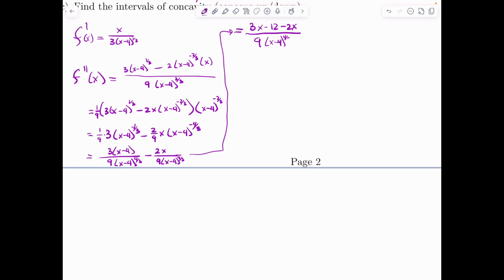So that's the second derivative. So f double prime of x is undefined at x equals 4, and f double prime of x equals 0 at x equals 12.